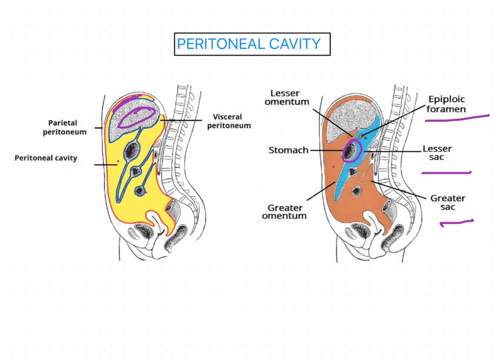These are also parts of the peritoneal cavity which are separated from the main cavity by small folds of peritoneum. Such folds of the peritoneum form small pockets or recesses.